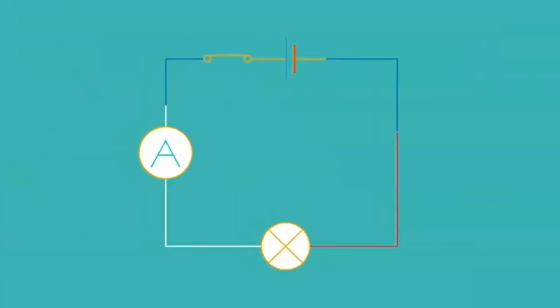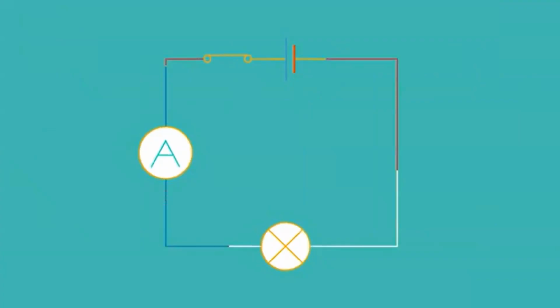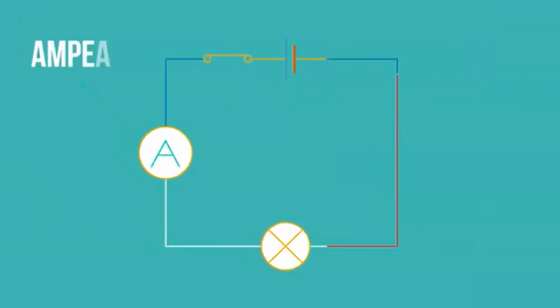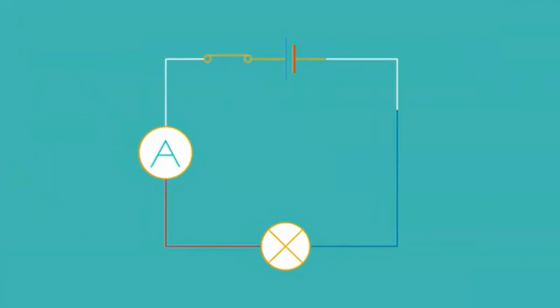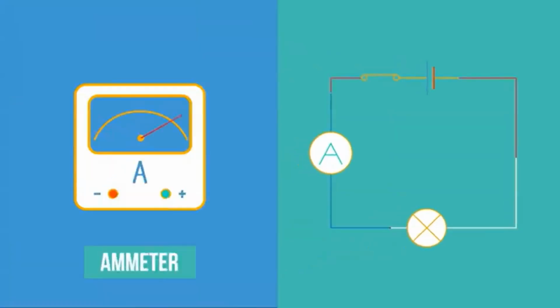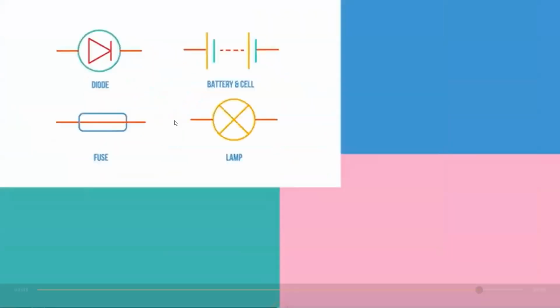This negative charge is really a flow of electrons, and each electron transfers energy from the battery to the components in the circuit. The unit of a current is amperes or amps. It tells you how many coulombs pass per second, and it's measured using an ammeter. Ammeters are connected to a circuit in series. So there we have a basic introduction to circuit diagrams.